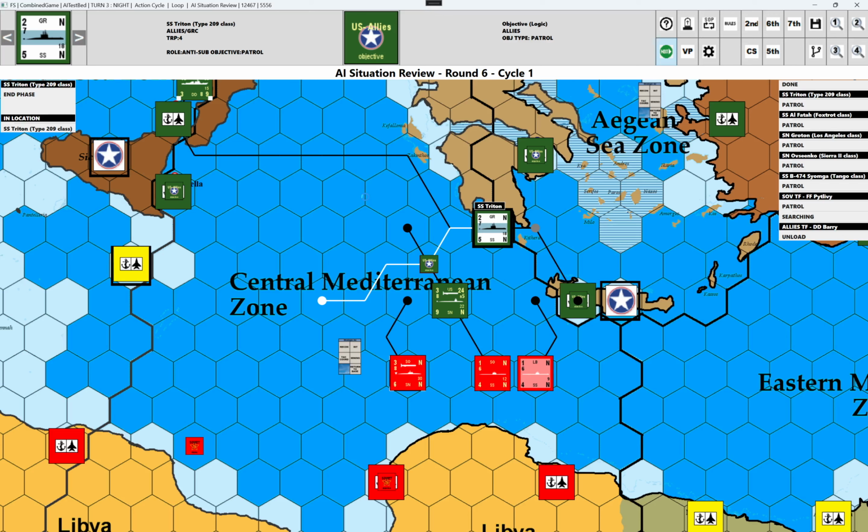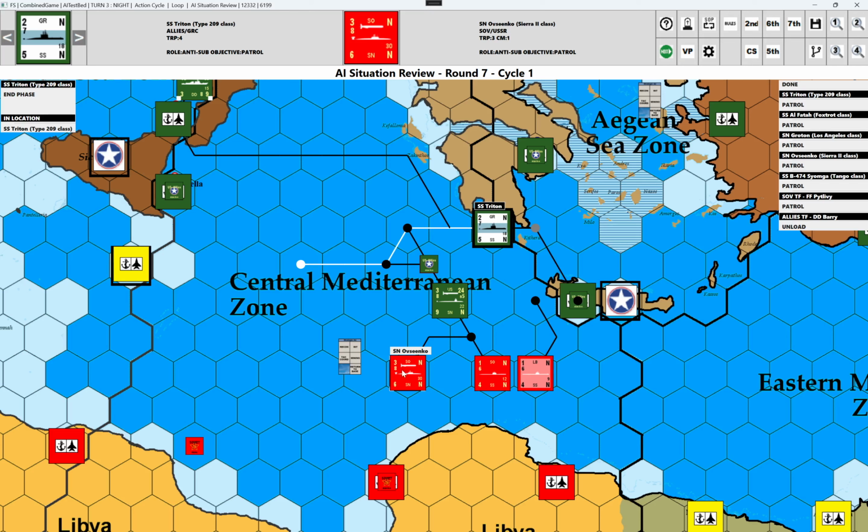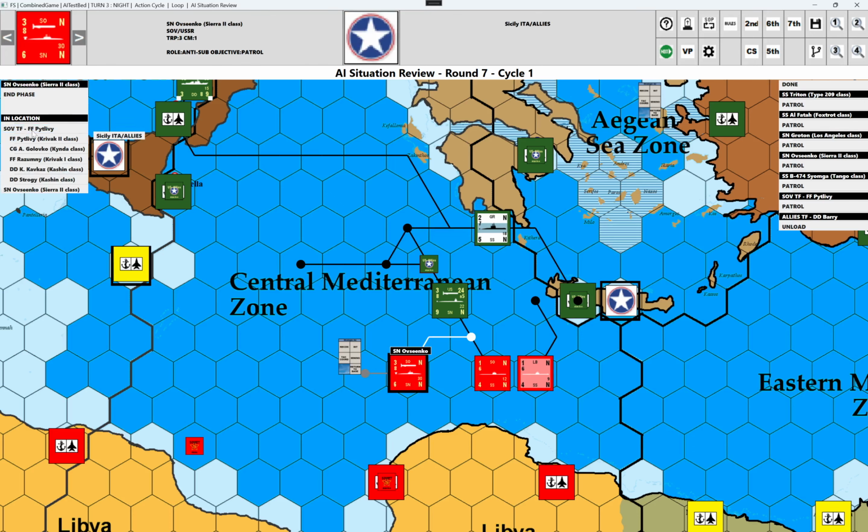There are some things happening here that I'm not 100% sure why it's continuing to go. I think it's because one of these guys has a lot of movement points left over because he didn't move for a while, and he has stuff saved up. If we look at the Soviet guy, okay, he's now out of stuff, so he should be done.